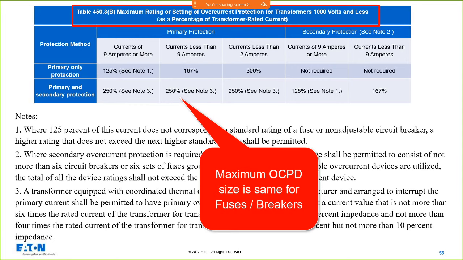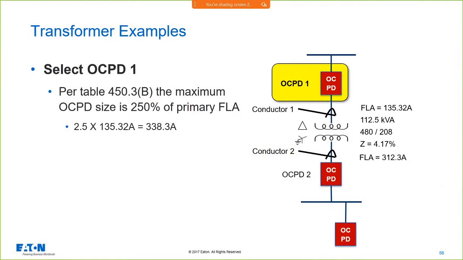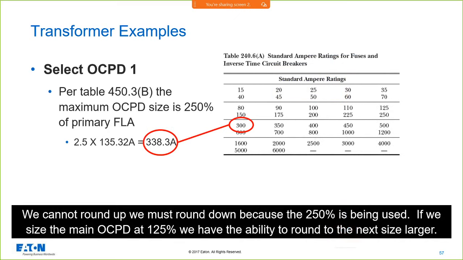And then we're going to talk about where you'll probably end up doing it if you're not required to selectively coordinate through that transformer. So we're going to talk about picking the primary overcurrent protective device. We take the 135 multiplied by 250%, which is 338.